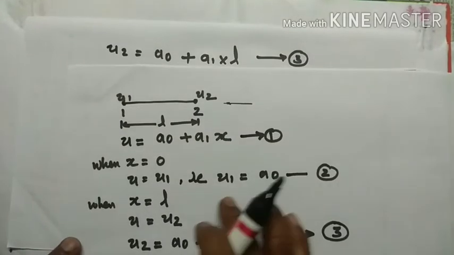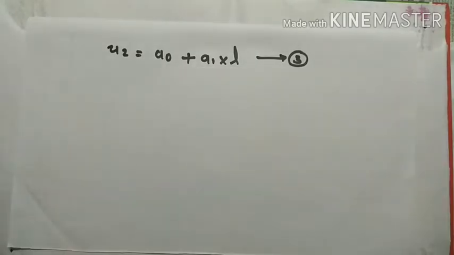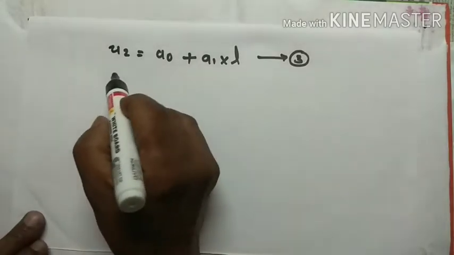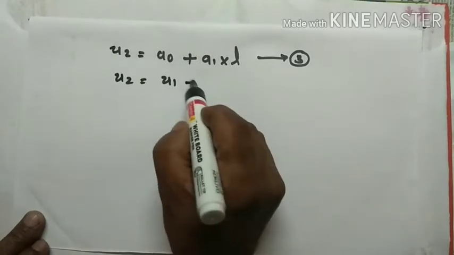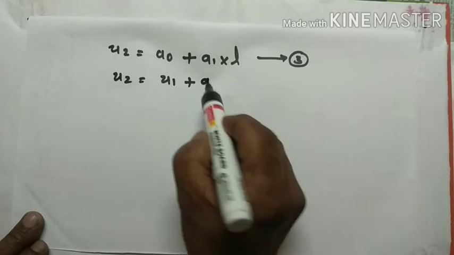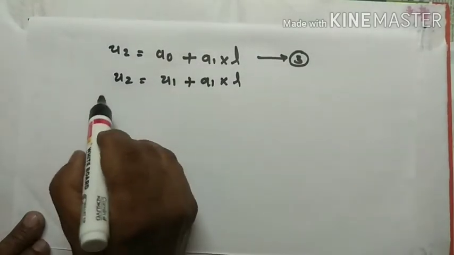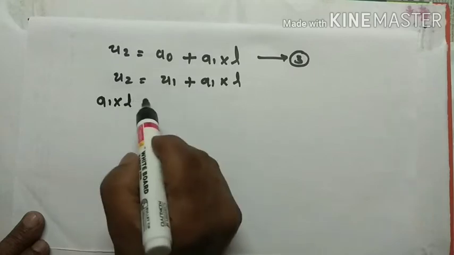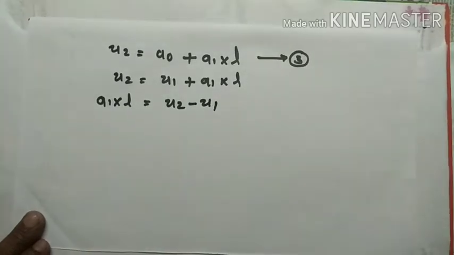But from this relation, u1 is equal to a0. Therefore, u2 is equal to u1 plus a1 into L. That is, a1 into L is equal to u2 minus u1.